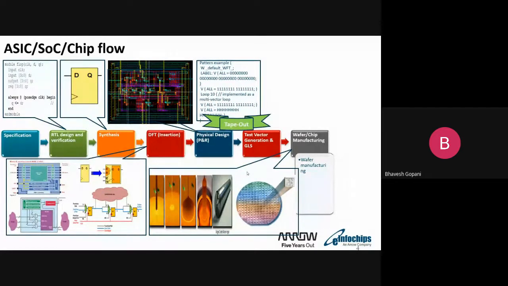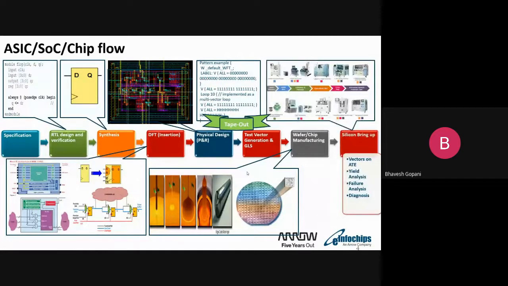I'm not going into detail, but it starts with sand to silicon. We need to generate an ingot, and after the ingot, the wafers are sliced, and on the wafer different fabrication processes happen, and ultimately the chip is ready to be tested.